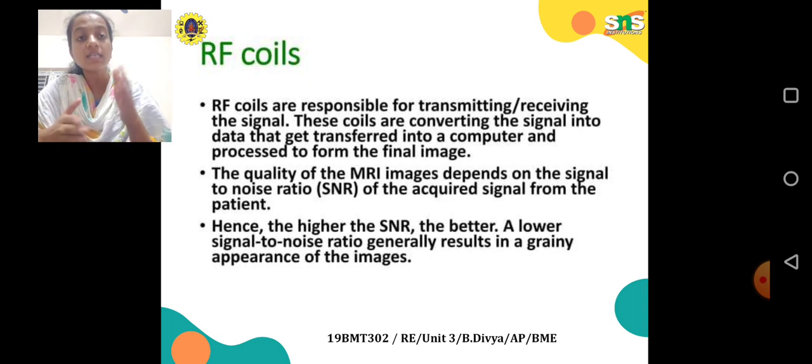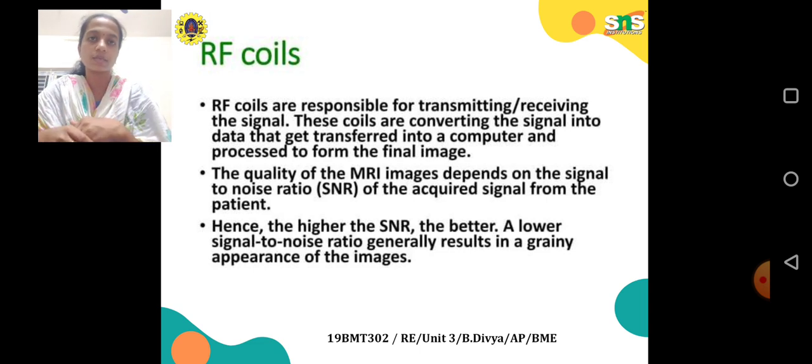Hence, the higher the SNR, the better. A low signal to noise ratio generally results in a grainy appearance of the image.